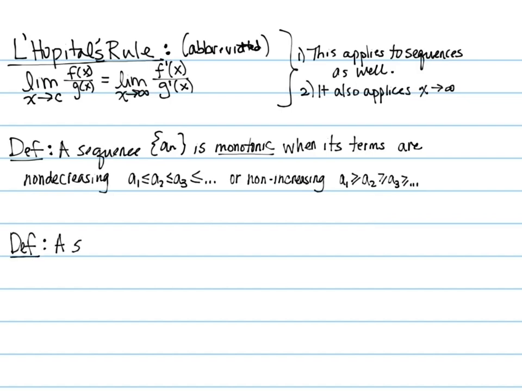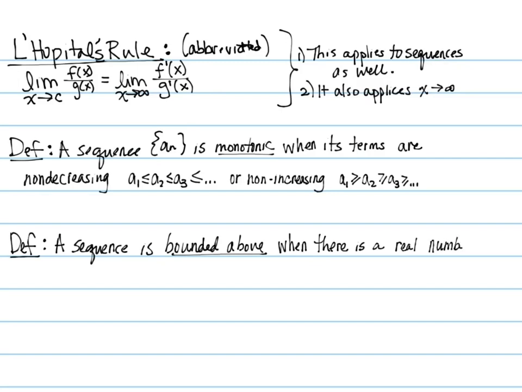A sequence is bounded above when there is a real number m such that a sub n is less than or equal to that m for all n.